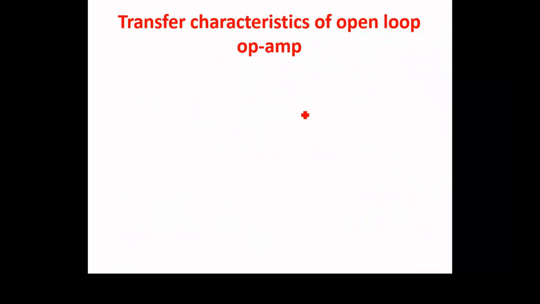Now, what are the transfer characteristics? How will the relation between the output and input voltage look? Here we are taking the input differential voltage, and we are drawing the transfer characteristics, which means the relationship between the output and input.